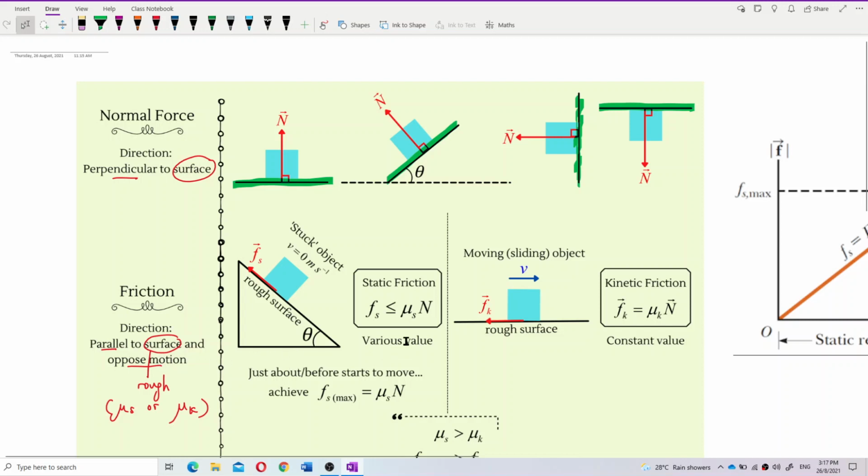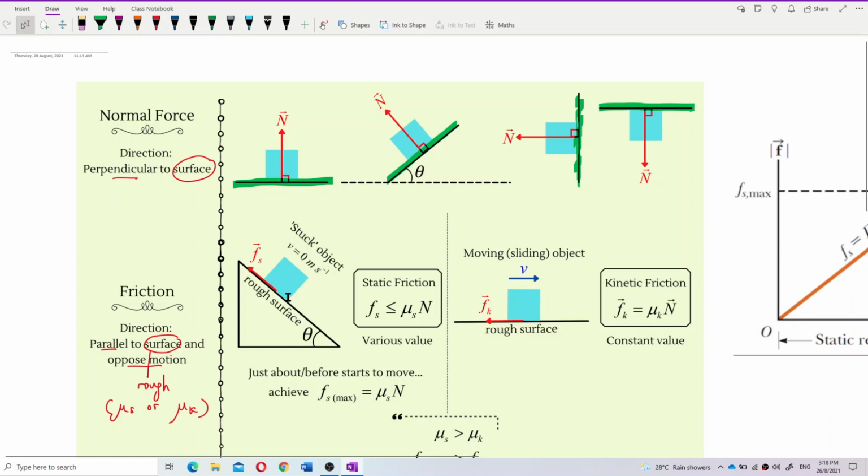Okay, we have two types of friction. First is the static friction, and then we also have the kinetic friction. Can you see the diagram here? All the frictional force is always parallel to the surface. Like the normal force is perpendicular to the surface, but friction must be parallel to the surface.